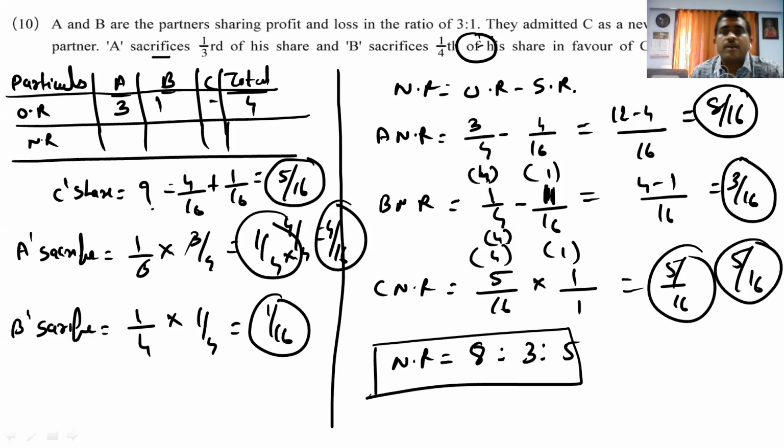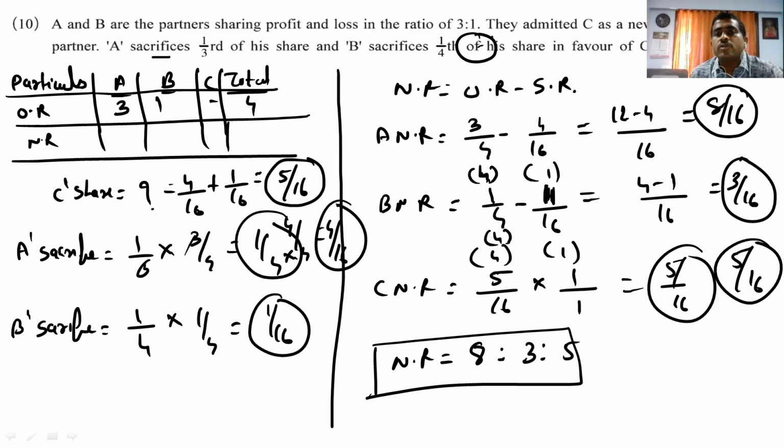So the final new ratio comes. What is the formula? Old ratio minus sacrifice ratio. So A's new share comes to us 3 by 4 minus sacrifice ratio 4 by 16. So cross multiply, or we can do LCM. 3 into 4, 12 minus 4 upon 16, that is 8 by 16.